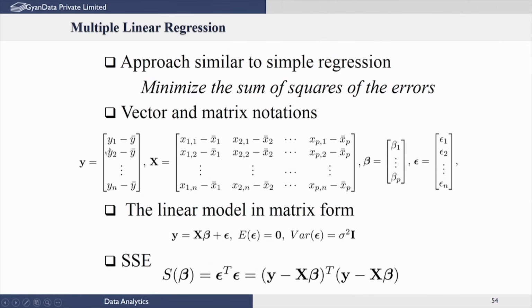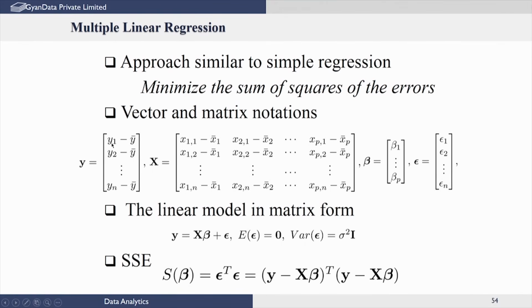Let us define the vector y, which consists of all the n measurements of the dependent variable y1 to yn. We have also done one further thing, we have subtracted the mean value of all these measurements from each of the observations. So, the first one represents the first sample value of the dependent variable y1 minus the mean value of y over all the measurements, y bar.